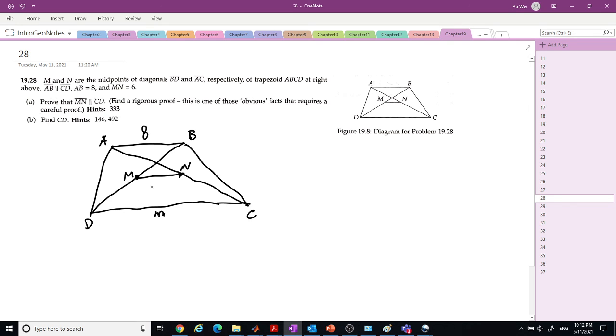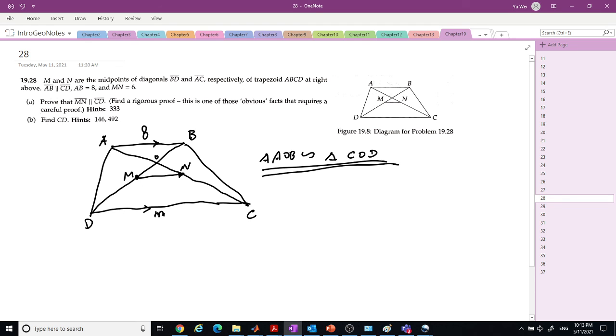We can see this one is parallel to this one, so triangle AOB is similar to triangle COD.